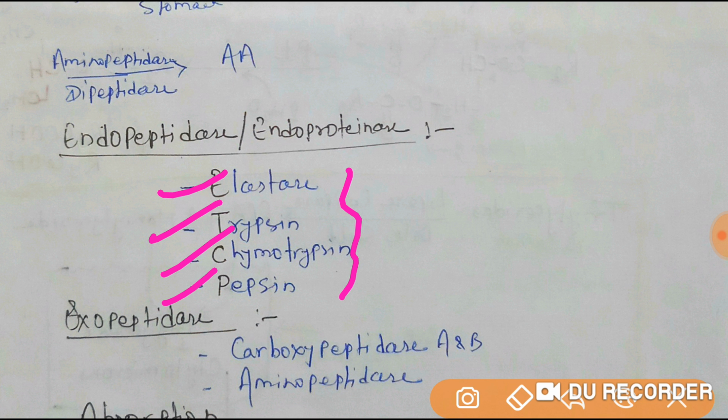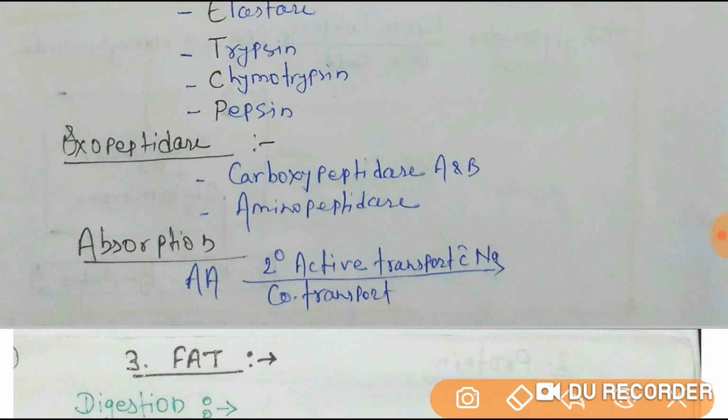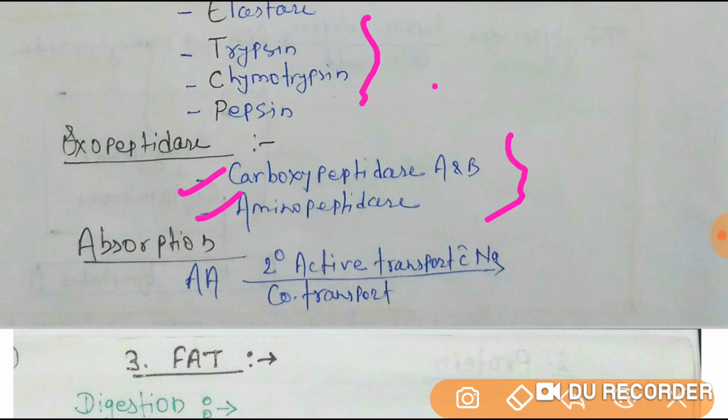The terminal peptide bonds are broken by carboxypeptidase and aminopeptidase, so these are called exopeptidases, and elastase, trypsin, chymotrypsin and pepsin are known as endopeptidases.